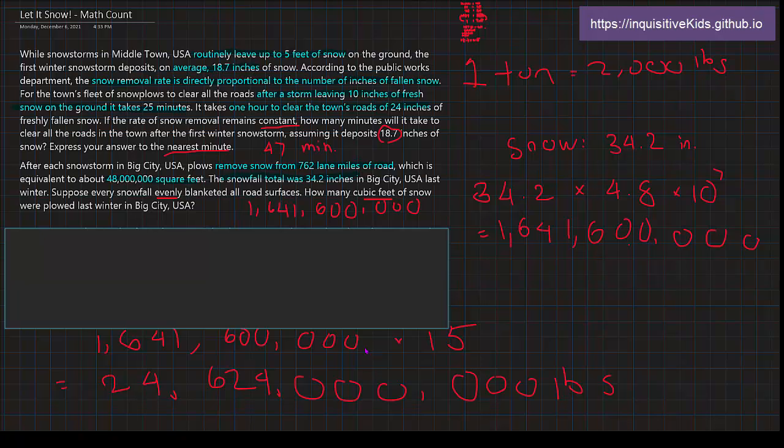So all we have to do over here is divide 24,624,000,000 by 2,000, which is equal to 12,312,000 tons. So how many tons were plowed in Big City, USA last winter? 12,312,000 tons were plowed.